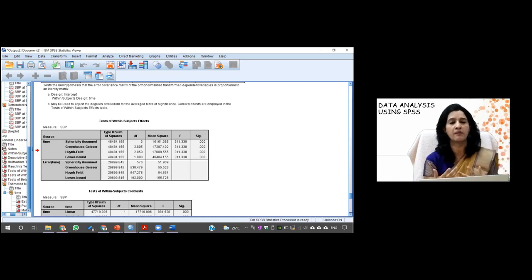If you take my weight, and I'm not exercising, neither am I eating extra, and you take my weight for 5 years, every year at a fixed point of time, it will not show any change. In that case, sphericity will be assumed, because then you will not find any variance or deviations. So that's the concept.